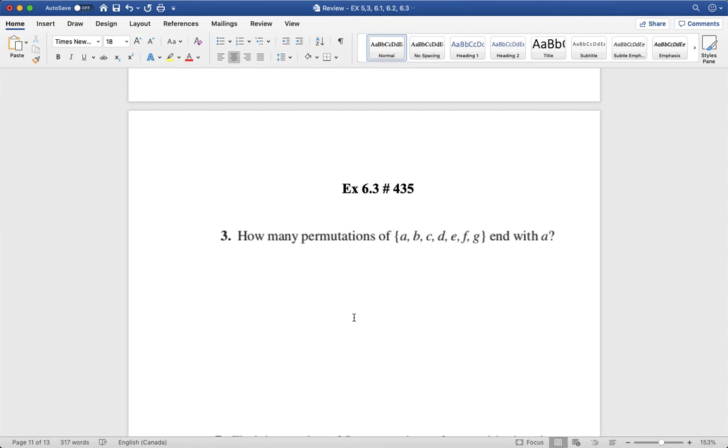So we have to find the number of permutations, and that will be 720 that end with an A.